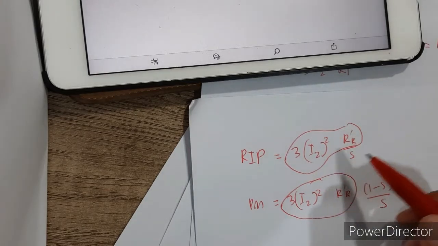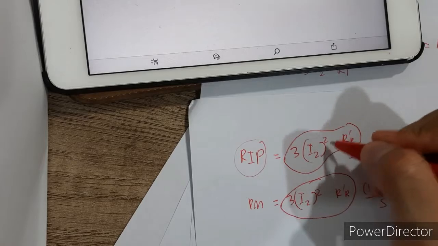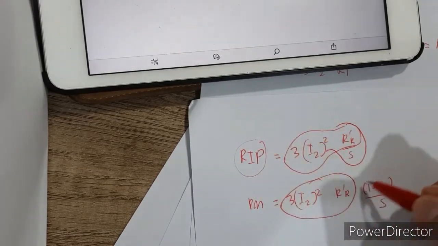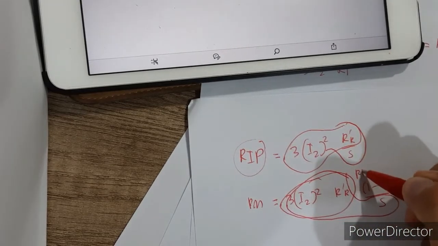Okay, so if we multiply RIP, this includes S, this one RIP is equal to this one. So this is RIP.